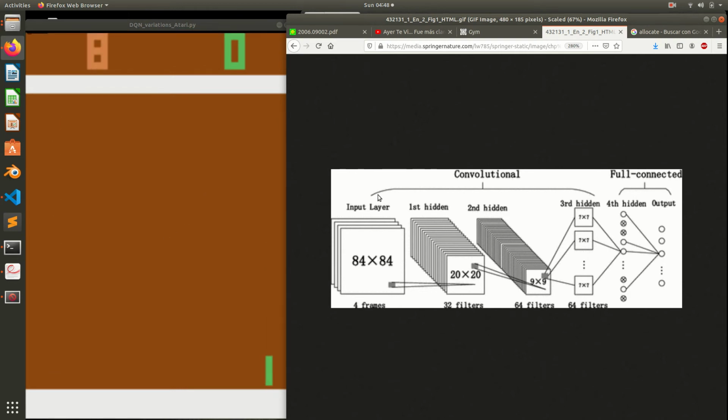So to summarize, the convolutional neural network has to reduce and pre-process the image of the input value.